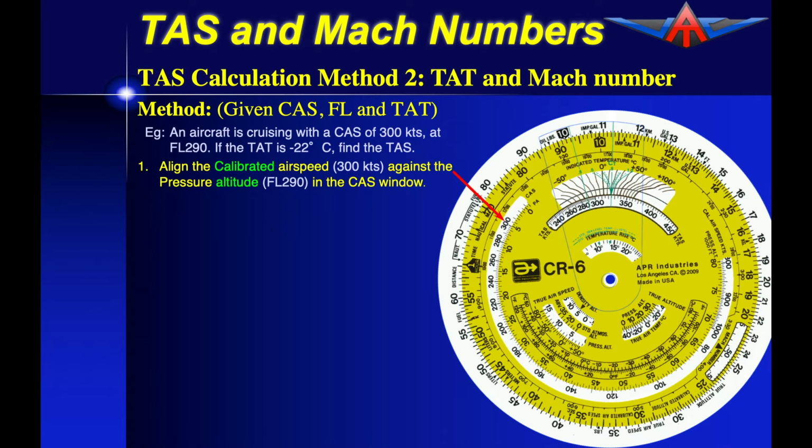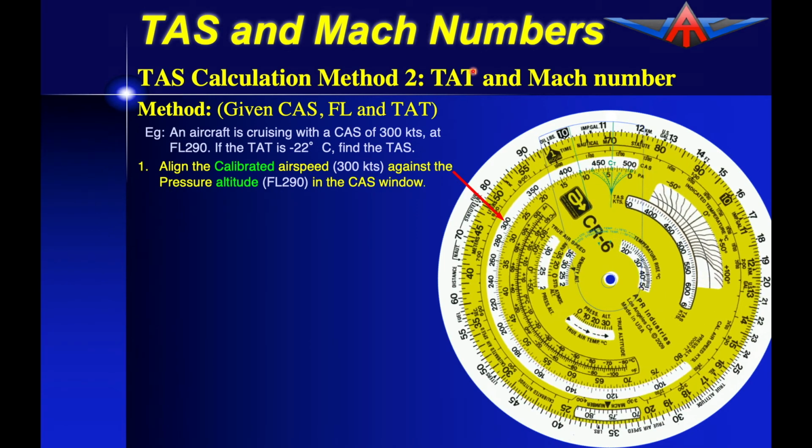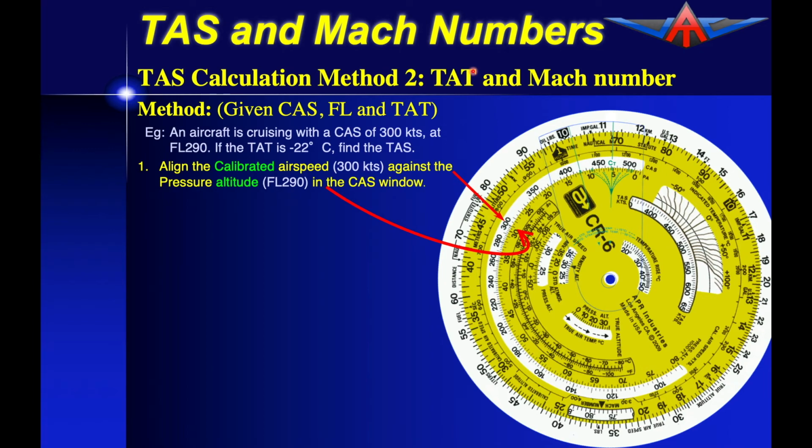So the first thing we have to do is to align the calibrated airspeed, which is in this window here, 300 knots, against the pressure altitude of 290. So let's rotate the inner scale until we match up. We now have flight level 290, remember the numbers are going in the opposite direction, flight level 290 against 300 knots.